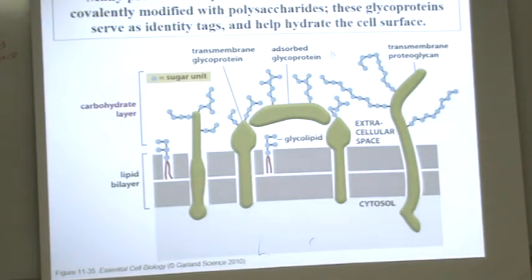The other thing they do is they keep a hydration layer around the cell. My youngest son, they all love candy, but he did this weird thing where you give him a Jolly Rancher and he would hold it in his hand and not put the whole thing in his mouth. Why would you do that?